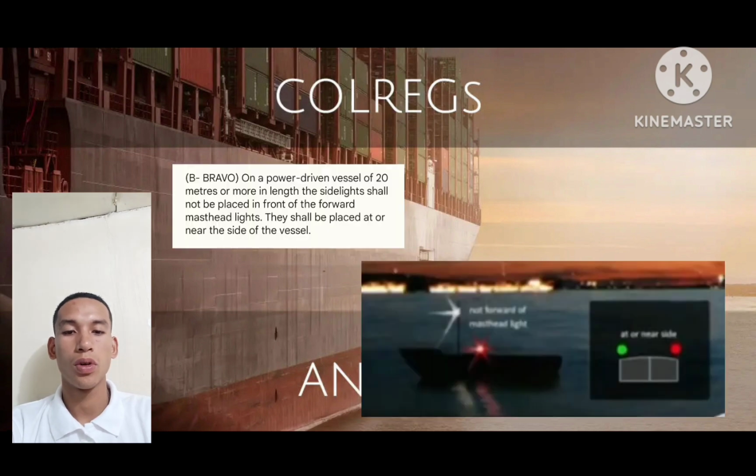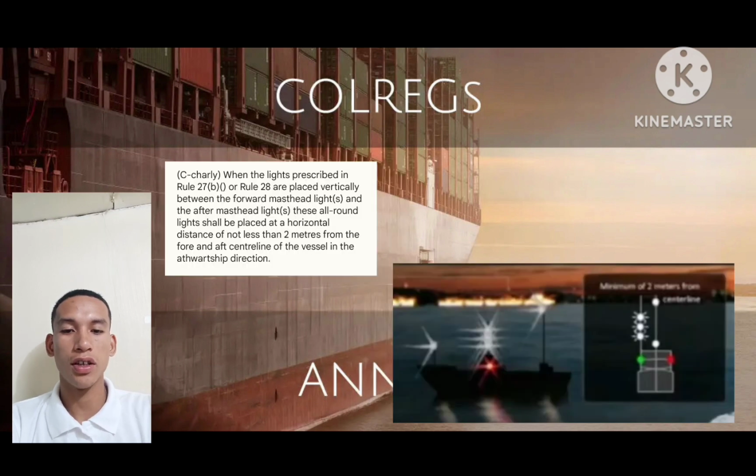B is for Bravo. On a power-driven vessel of 20 meters or more in length, the side lights shall not be placed in front of the forward masthead lights. These shall be placed at or near the side of the vessel. C is for Charlie.